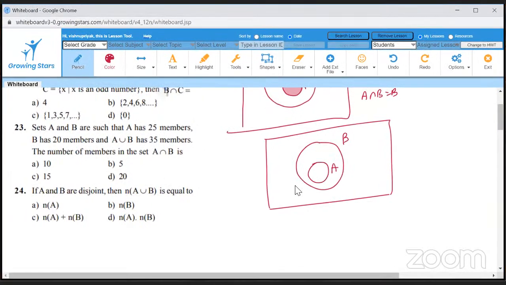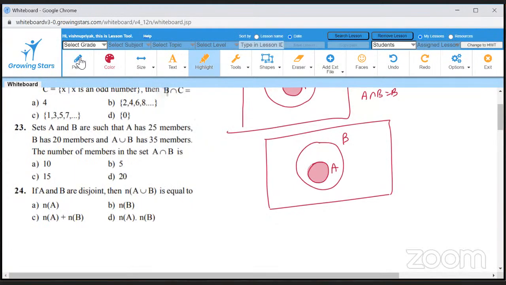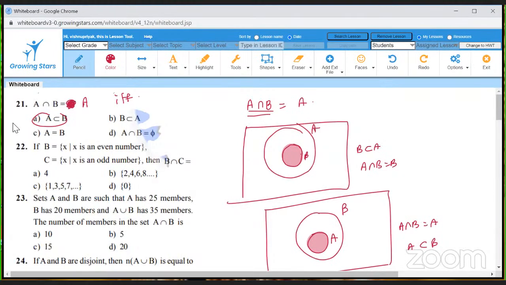This is A circle. And the common in both the circles, this is the common. That means A intersection B is A. Then what do you see? A is the subset of B. So yes, option A is correct. I did not understand whether you are telling about this A or this A. So those who have given option A as the answer, it is correct. For 21, A is correct, Rajeshwar. Kumar, it is correct.